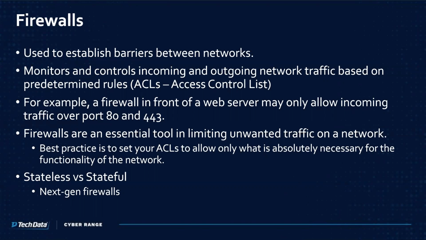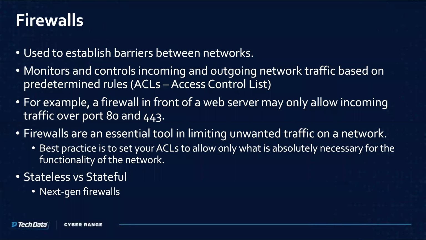They may say, hey, this type of traffic is trying to come into a network and it's known malicious. Here's a rule you can write to block this traffic or drop this traffic. That's a way in which firewalls can work.